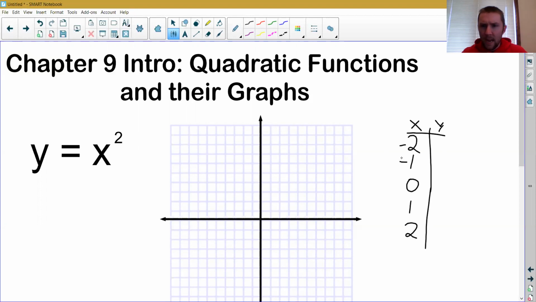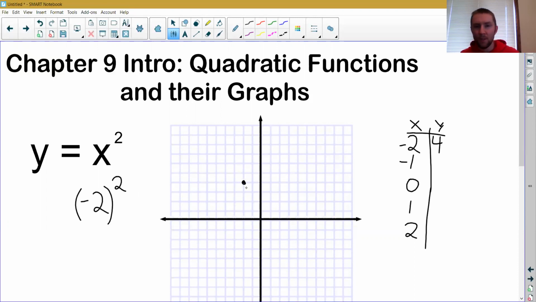If I plug in the x value -2 and do -2 squared, it is important that I put that -2 in parentheses, because otherwise a calculator will give you the wrong answer. -2 squared means -2 times -2, multiplied by itself, and that makes a +4. So I end up with this point, -2 in the x, +4 in the y.